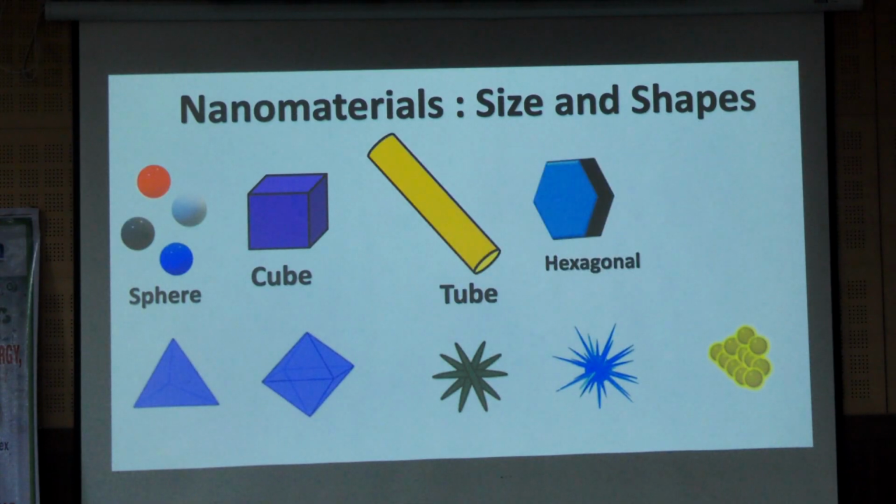Why do we need such different sizes and shapes? Sphere, spherical nanoparticle, or cubical nanoparticle, tube, nanotube, hexagonal platelet, or simply cube, platelet-like structure, or tetrahedral also, star shapes, or simply nanoparticle.